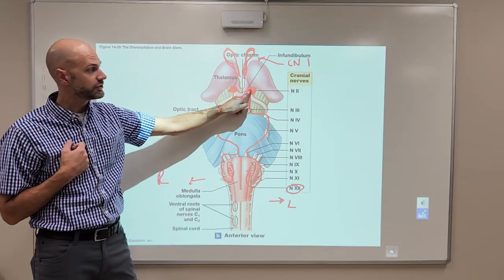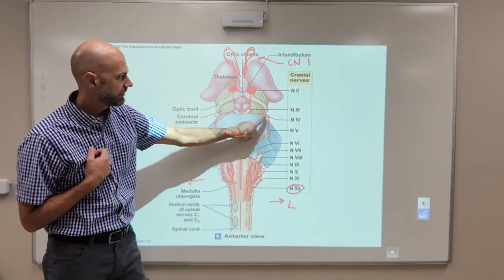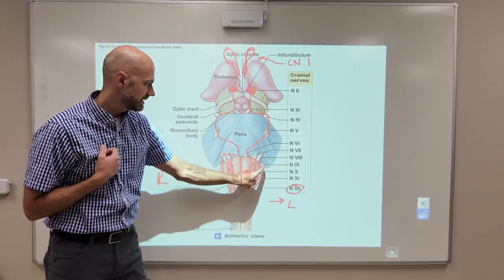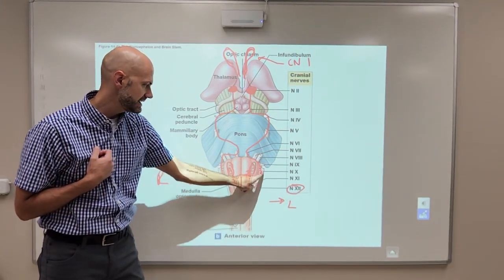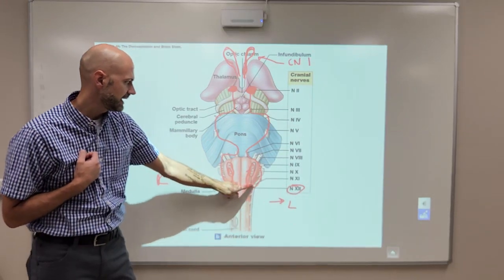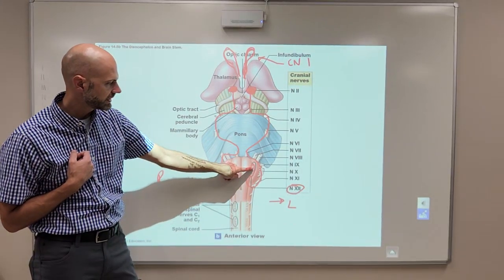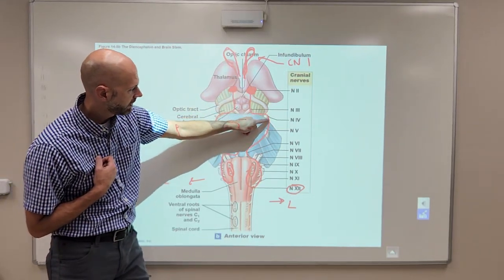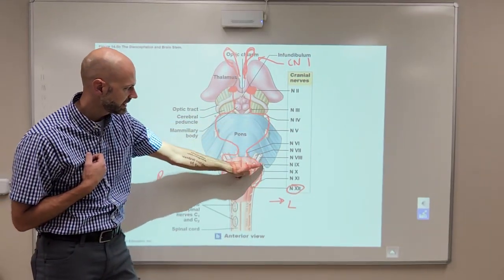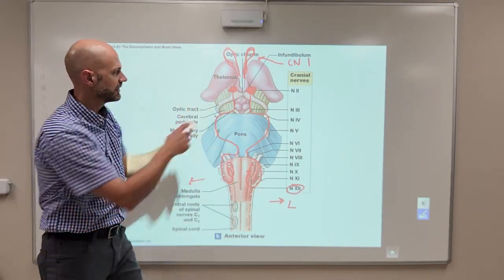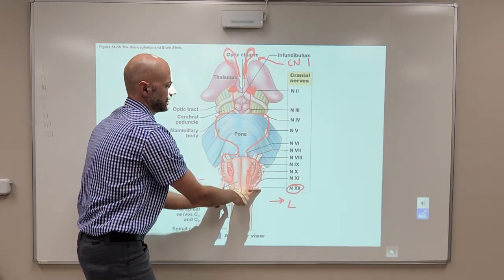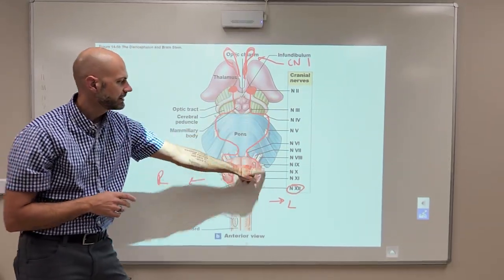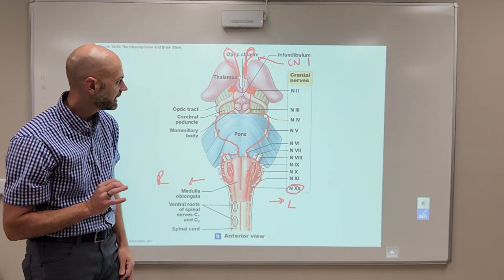That would be cranial nerve 2, 3, 4, 5, 6, 7, 8, 9, 10, 11, and then we wrap up here to 12. So I've traced the path 1 through 12. That's the path that the numbering follows.